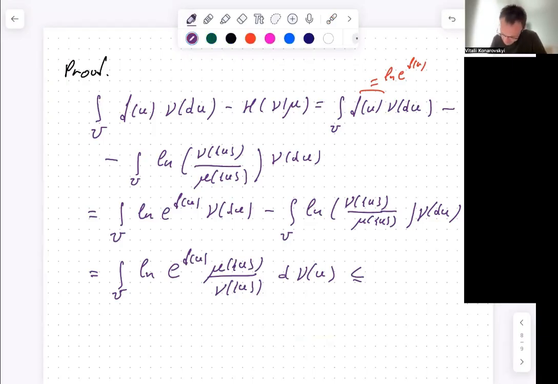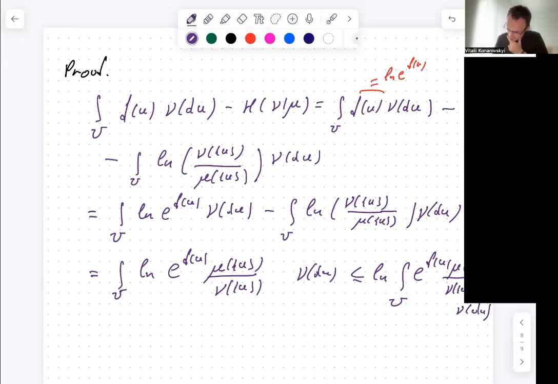Therefore, it is less or equal than the logarithm outside of the integral of e to the power f of u, mu of u divided by nu of u, and then you integrate with respect to nu du.